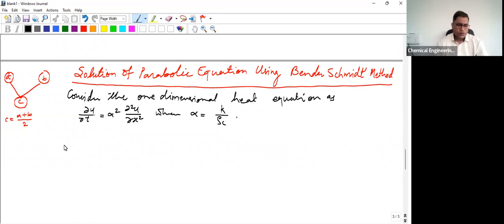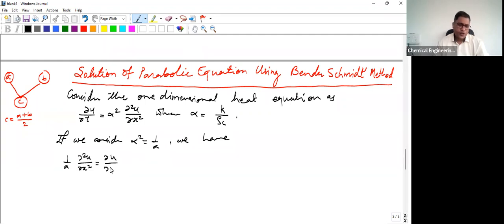Now, if we consider alpha square is equal to 1 by a, then we have 1 by a ∂²u/∂x² is equal to ∂u/∂t.